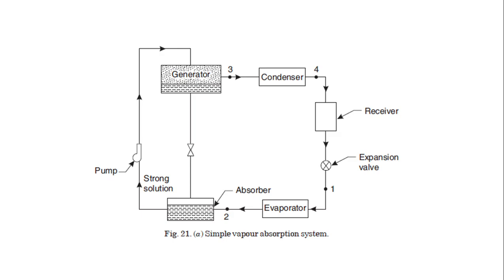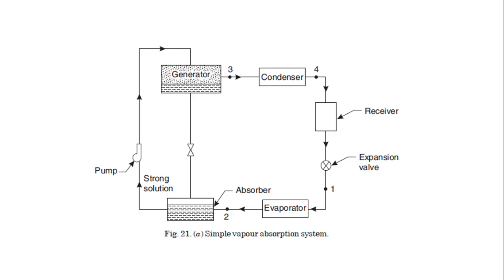The strong solution of ammonia is pumped to the generator, where heat is applied, which converts the liquid ammonia solution into a gaseous one. This gas is passed to the condenser, where it is cooled, and then to the receiver.